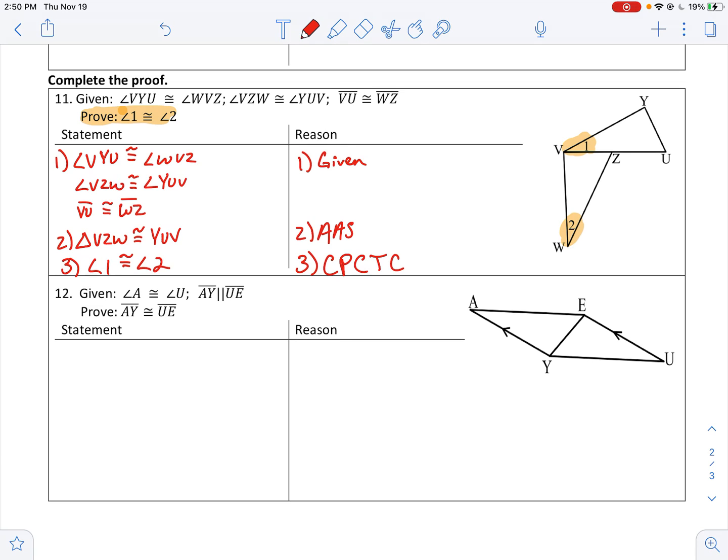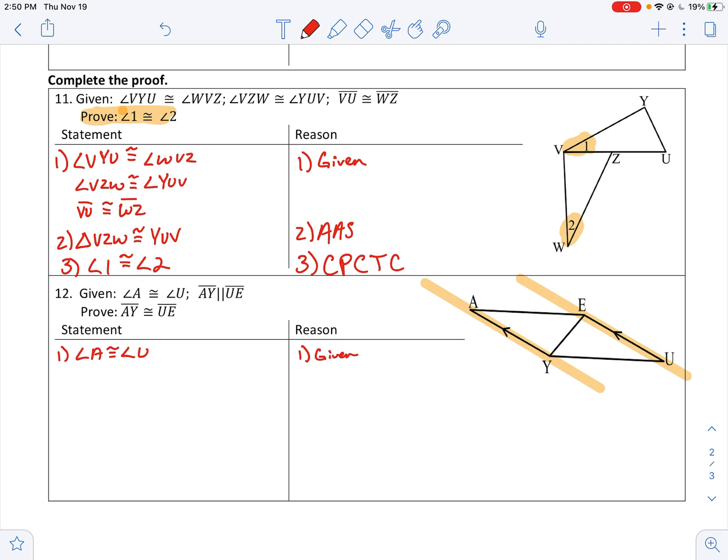And 12, let's see what's going on here. Oh, this one's kind of tricky. Got some parallel lines. If I could make parallel lines, that would be nice. All right, parallel lines. So, given A and U are congruent, A is congruent to U. That's given.